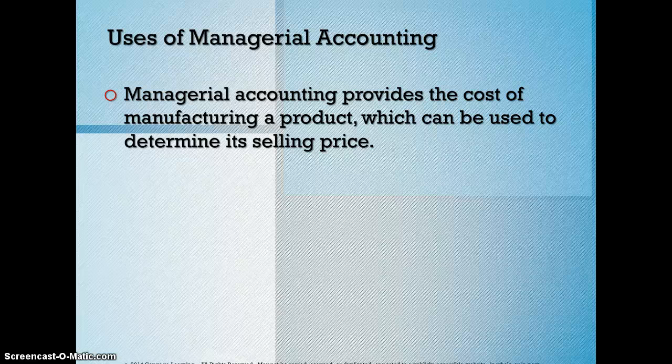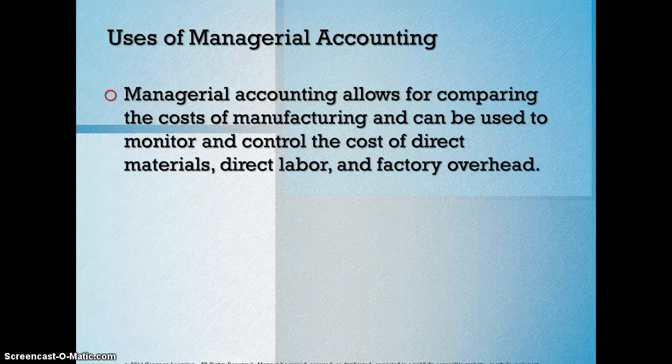This is one of the very big and most basic uses of managerial accounting. If we do not know our product cost and then of course also our period cost, then we have no way to know what to sell our product for, so that we can ensure that we are earning a profit.